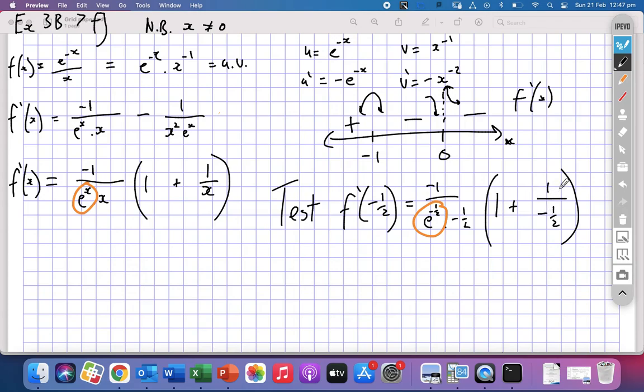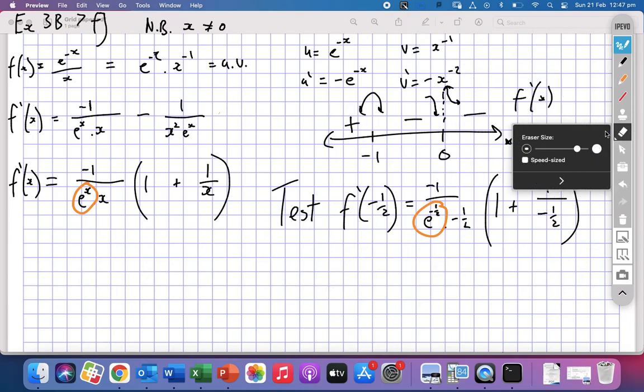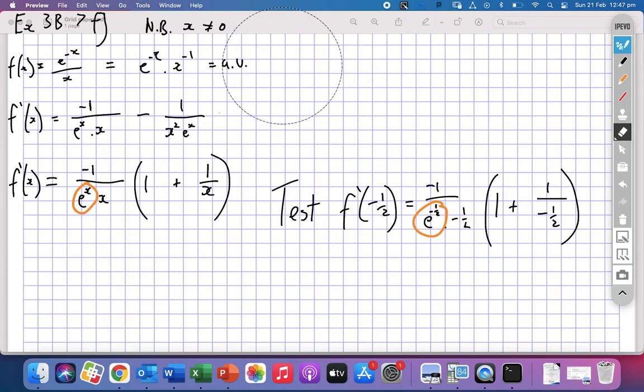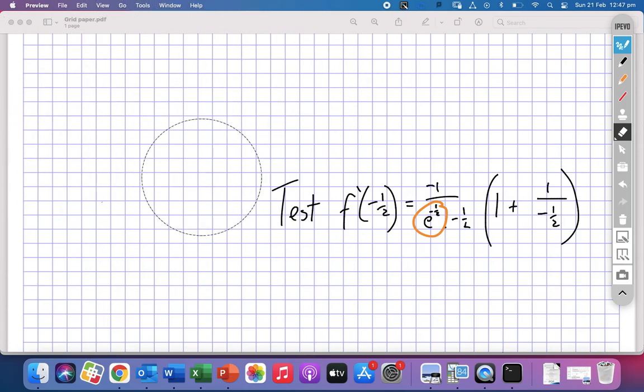So you have 1, so that's negative, that's positive. So you get positive times negative is negative, right? But I'm just thinking, when the functions get a little bit complex like this, you may want to just put them into your calculator.